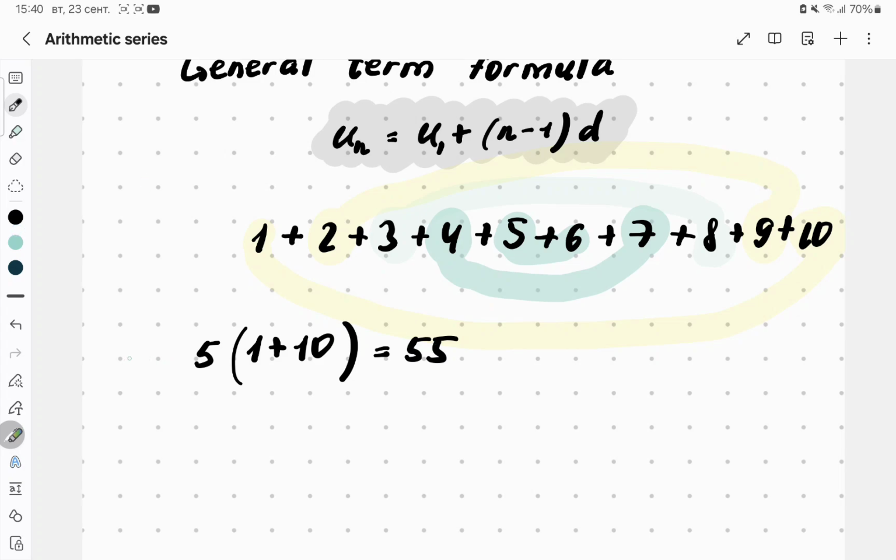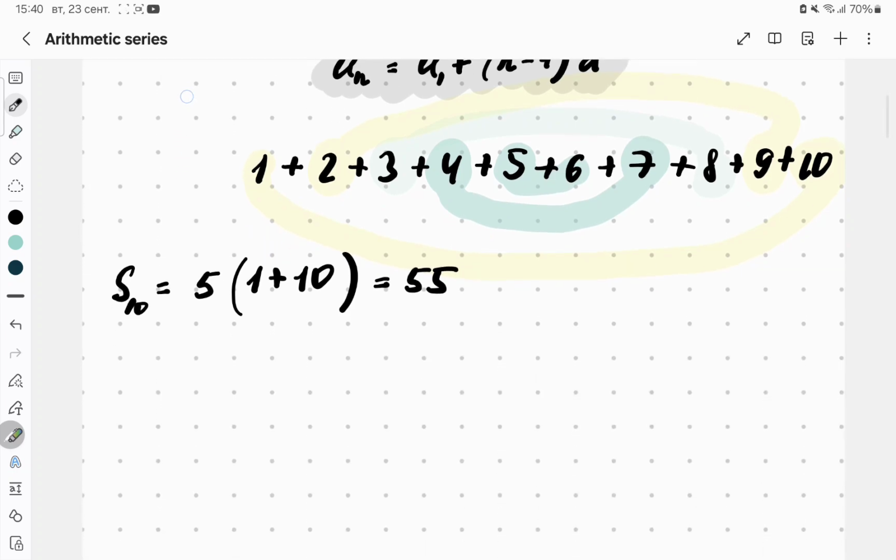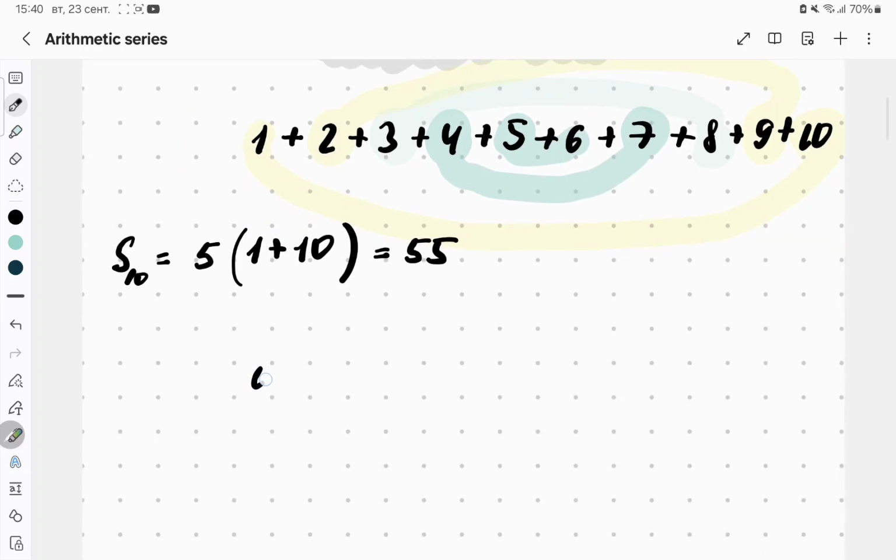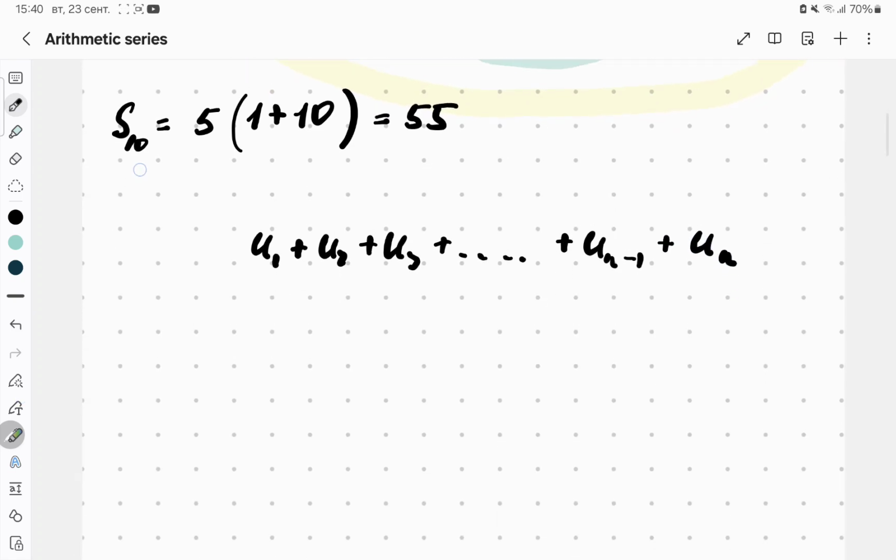This is S of 10 terms. And now, let's talk about Un. U1 plus U2 plus U3 and so on, plus Un minus 1, which is almost the last term, and the last term is Un. Now we're going to combine the pairs again.